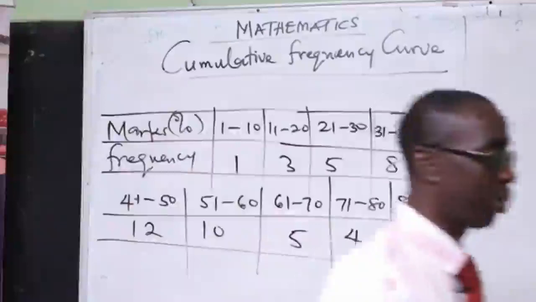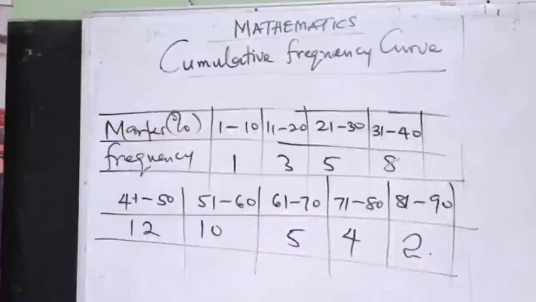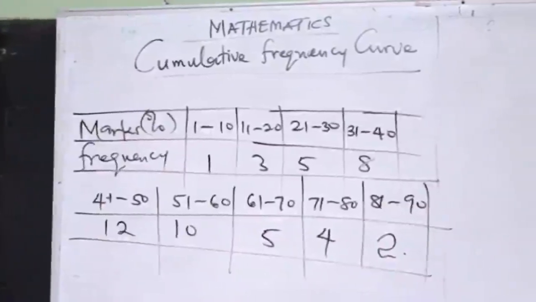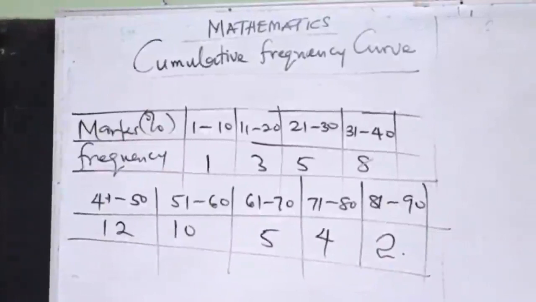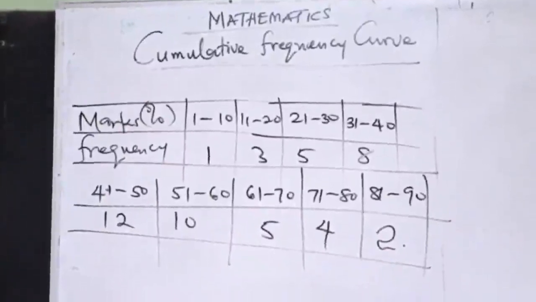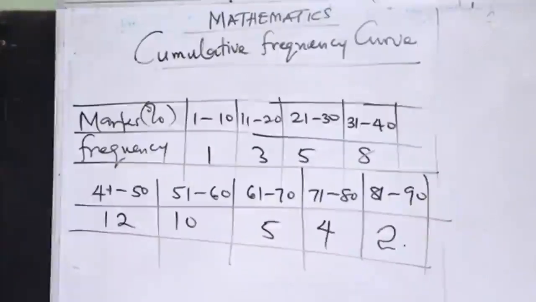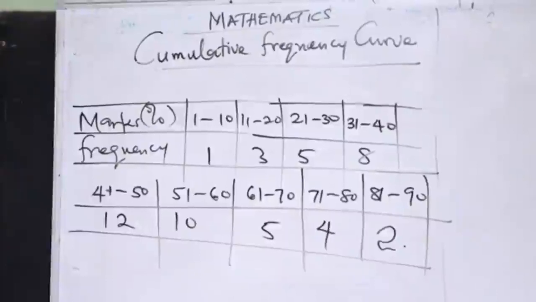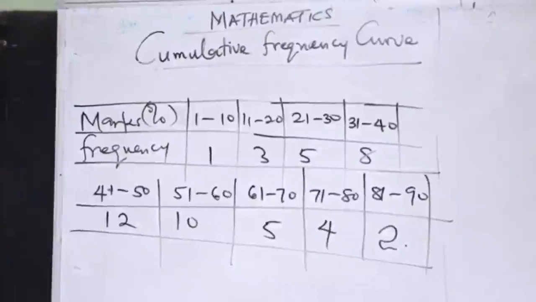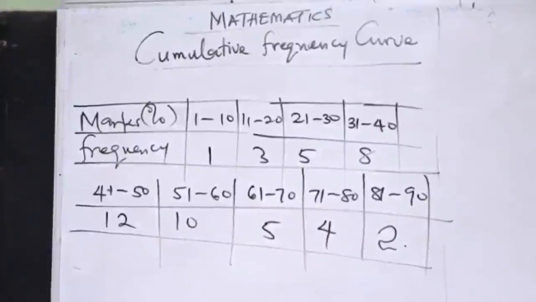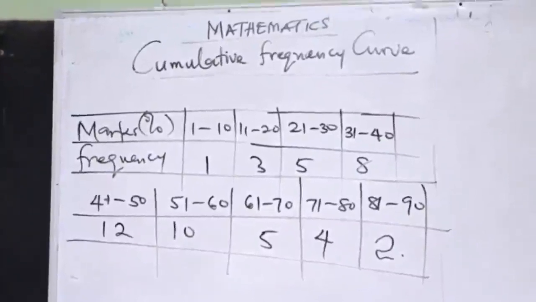Under the table, the first question says, A, construct a cumulative frequency table for the distribution above. B, draw a cumulative frequency curve for the distribution.